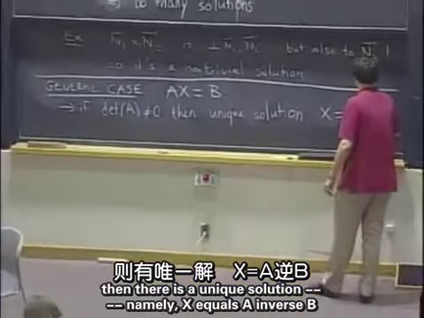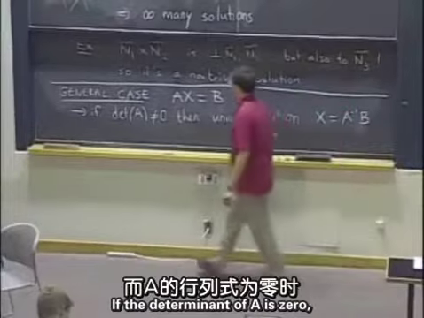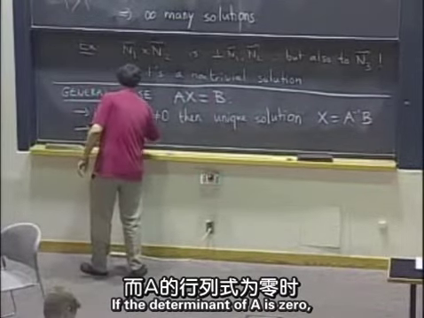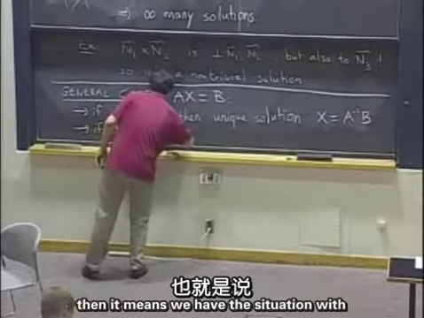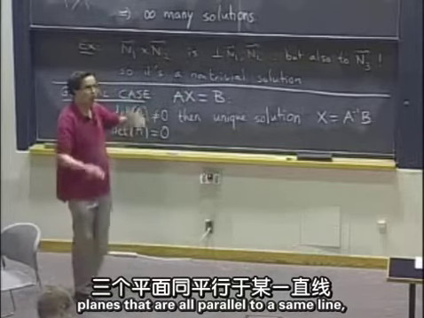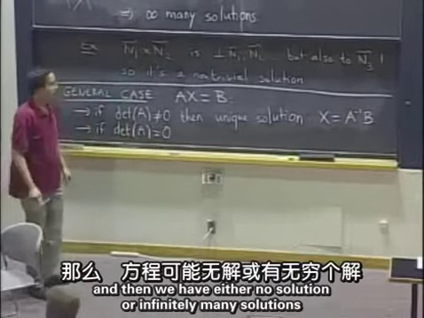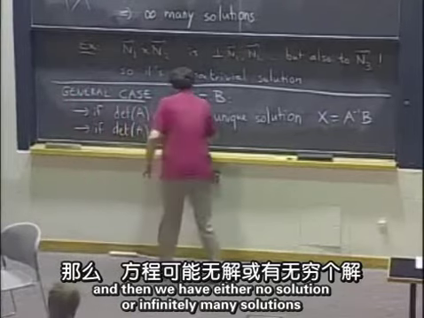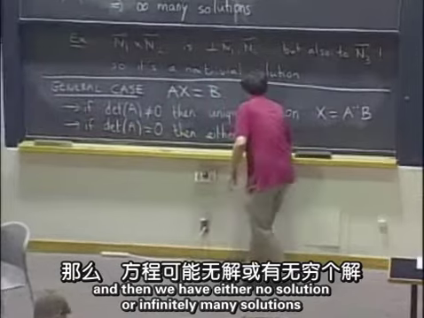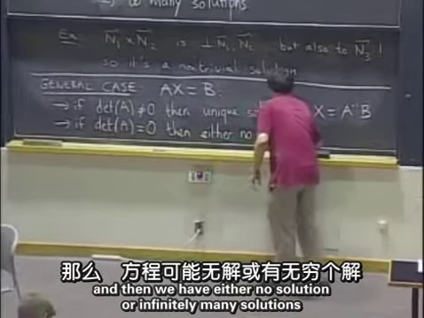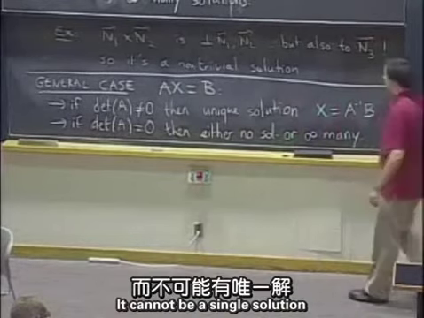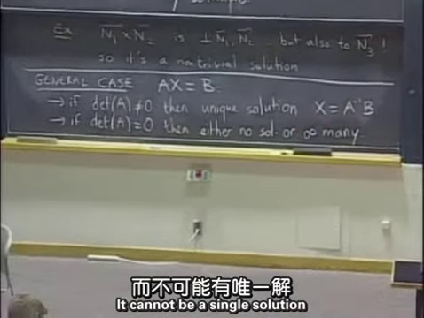Namely, X equals A inverse B. If the determinant of A is 0, then it means actually we have this situation with planes that are all parallel to a same line, and then we have either no solution or infinitely many solutions. It cannot be a single solution.